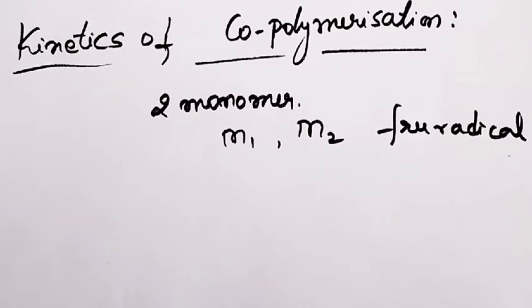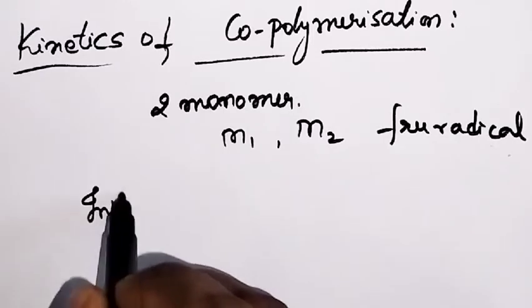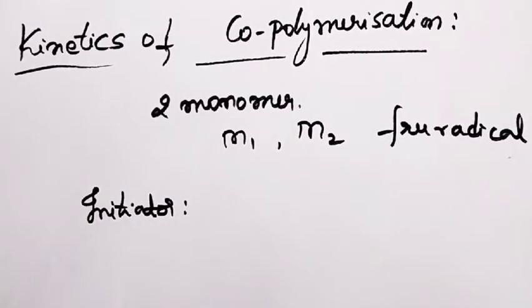We know that in free radical polymerization there must be the presence of an initiator, and this initiator will cleave homolytically to give free radicals. This is what we studied in free radical polymerization technique.